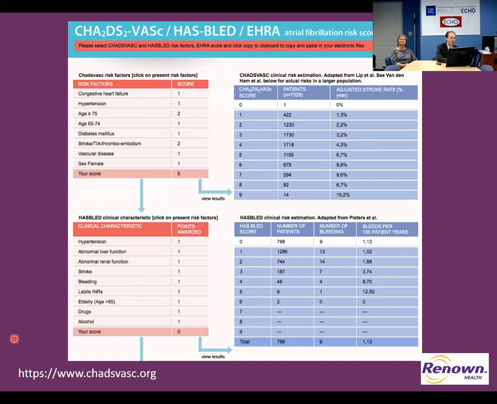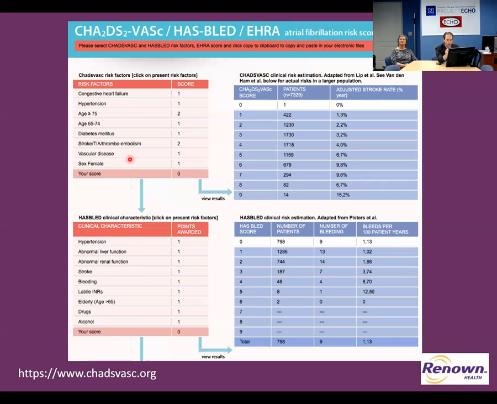So you get a point for all the things that we mentioned: heart failure, high blood pressure, age over 65 is 1 point, age over 75 is 2 points, diabetes, stroke or a TIA is 2 points, vascular disease, as I said, is coronary or peripheral artery disease, and female gender.